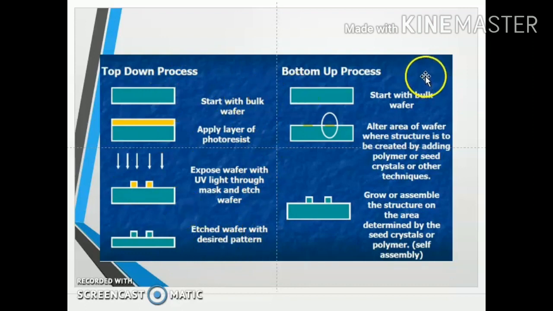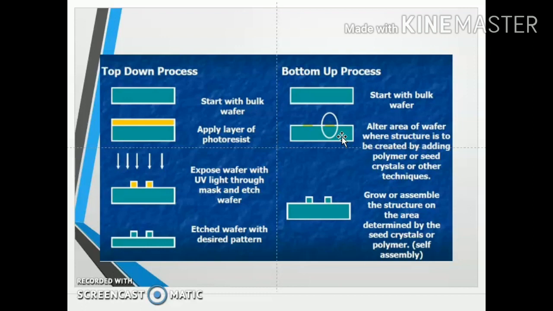The second is the bottom-up, as we already discussed in previous slides also. We start with a bulk wafer. We alter the area of the wafer where the structure is to be created by adding polymer or seed crystal or other material. We use other techniques to start the deposition of nanomaterial onto the wafer.